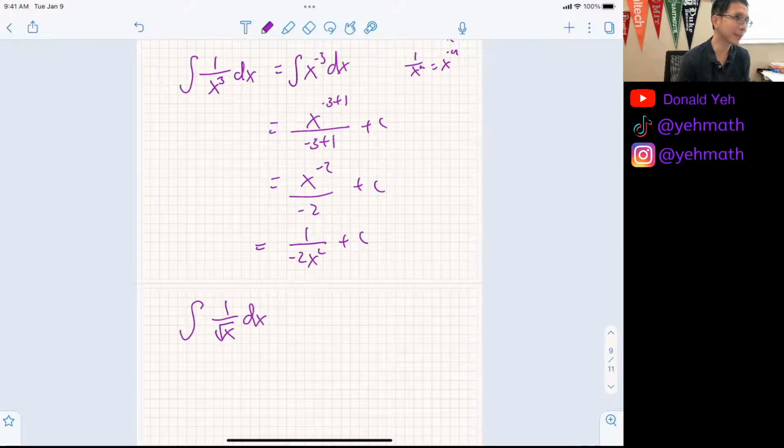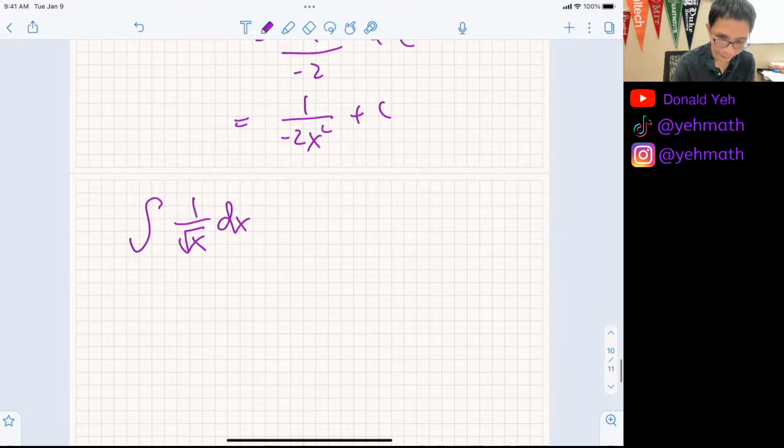You are one of the best. Yeah. No, it's just two. I got square root, plus c. Wait, hold on. So you get x to the 1/2 over 1/2, right? Does that follow? Yeah, that's literally what I got. So it would be square root of x over 1/2, right? We flip it. 2 times the square root of x. Yeah.